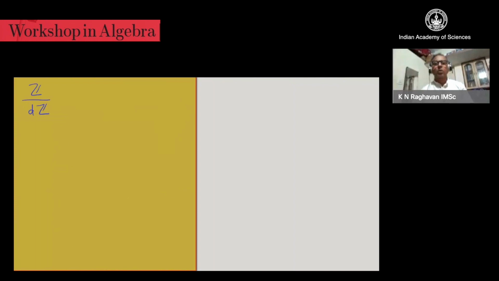So I write this D as P1 to the R1, P2 to the R2, dot dot dot Pk to the Rk, by Euclid's division algorithm. Sorry, what am I saying? That's not correct. Yeah, by the fundamental theorem of arithmetic, right? And then these are pairwise co-maximal, right? Because, well, we are over the integers.